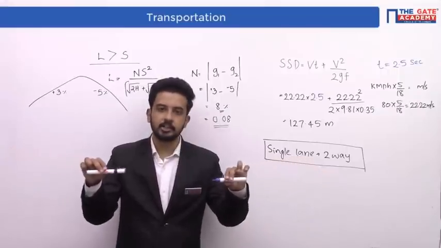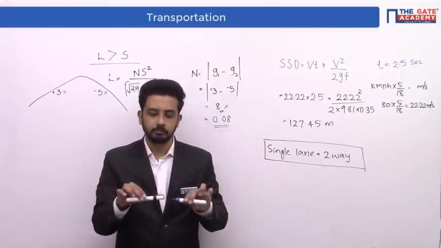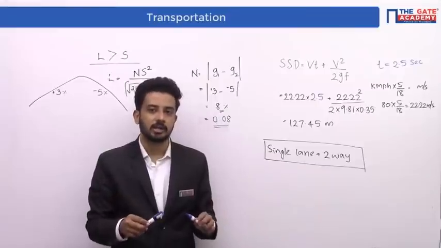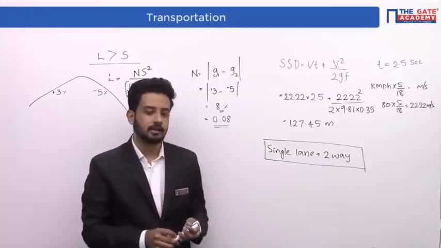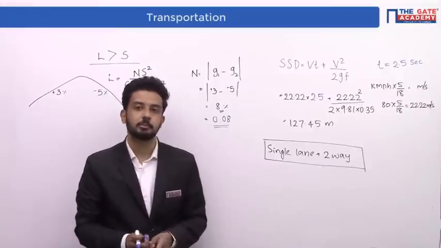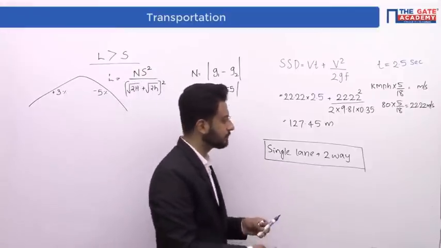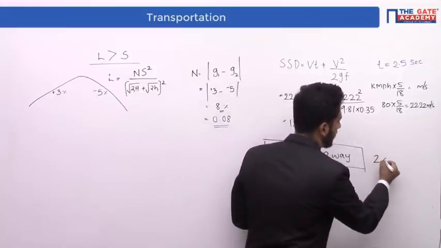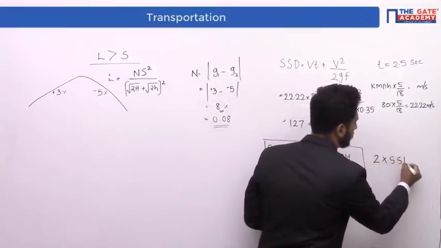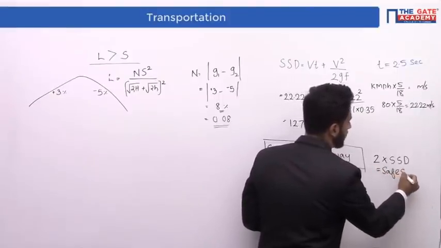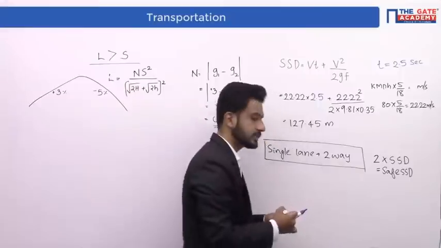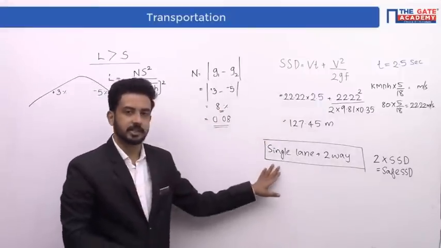In both directions vehicles are coming, exactly like this, face to face. Then the stopping sight distance should always get multiplied by 2, so that this will be the value of safe stopping sight distance. So this is our special case.